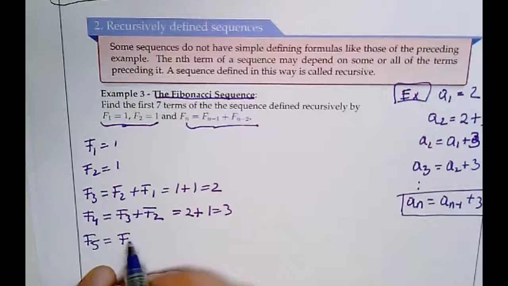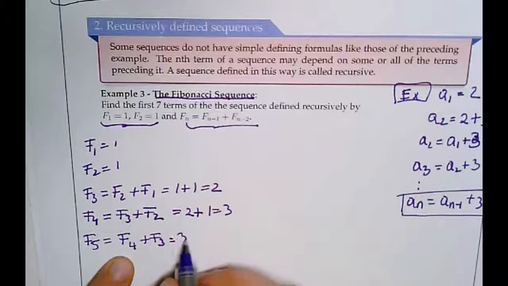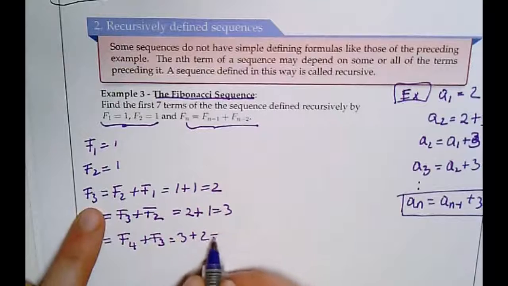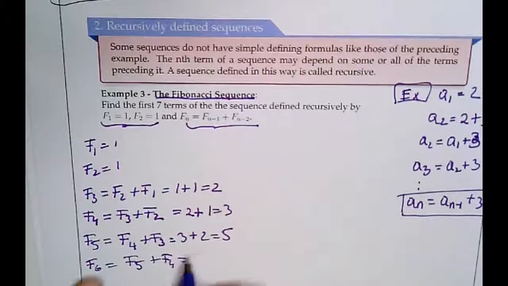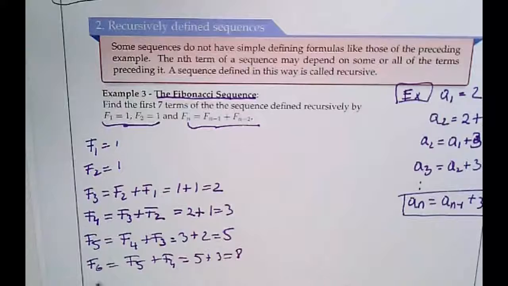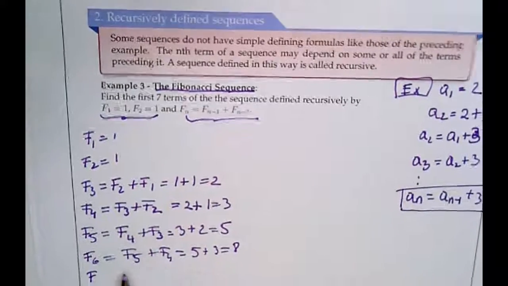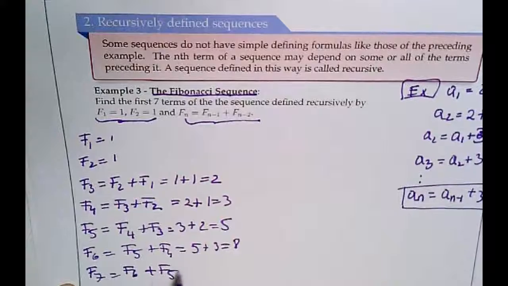The sum of the previous two terms, so f4 plus f3, but f4 was 3 and f3 was 2, so it's 5. f6 is going to be f5 plus f4, f5 was 5, f4 was 3, so 8, and then f7 is f6 plus f5. And f6 is 8, and f5 is 5, so this is 13.